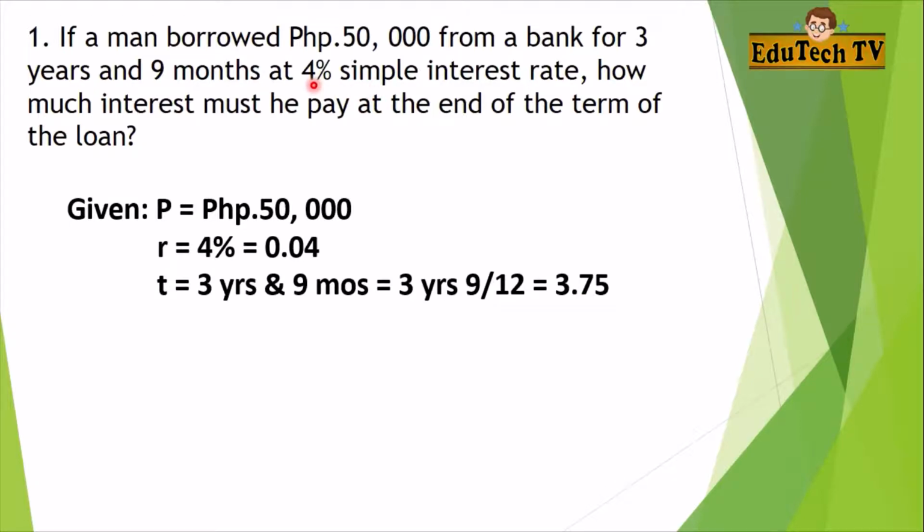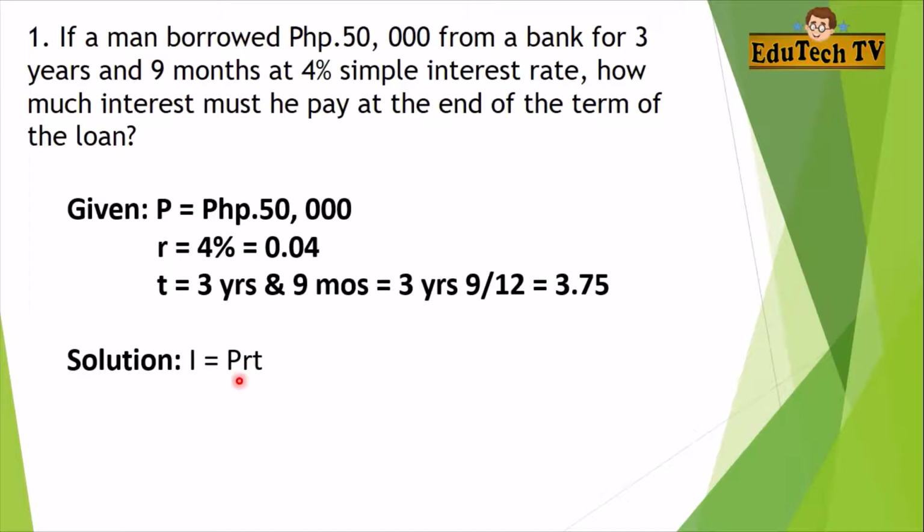If we're going to change it into decimal, just move 2 decimal places from the right of 4. So we have 0.04 as our rate. Now the problem is we have to get the interest. So we are sure that the formula is I equals PRT.